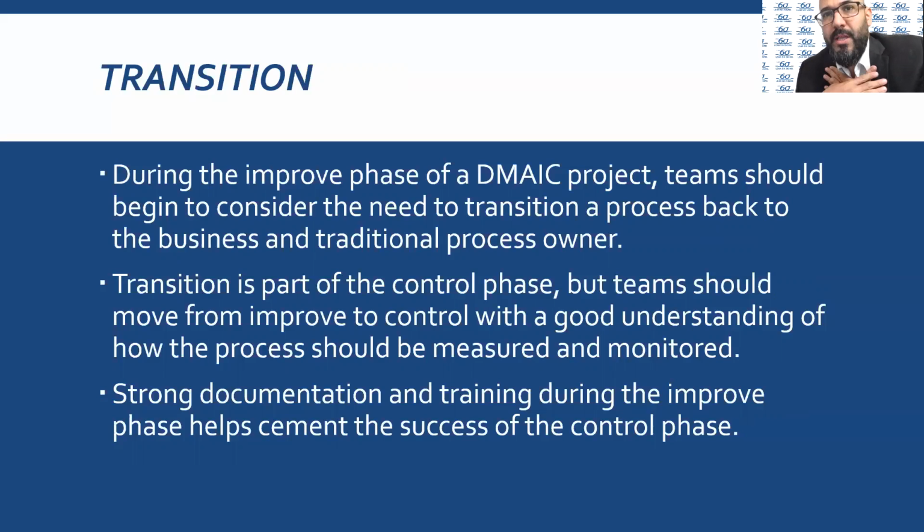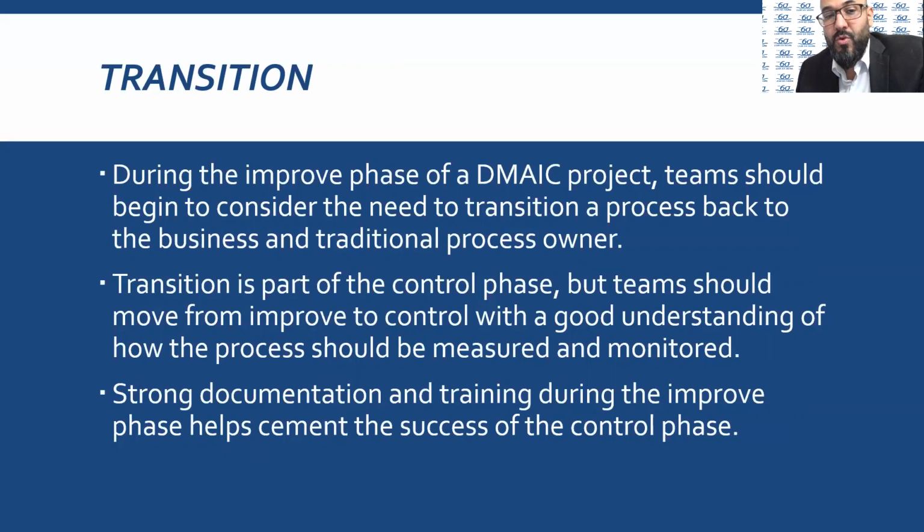So now we've done the improvement, we've implemented everything, we documented everything, we provided training. Now how could we move the process to the owner of that process? Transition is part of the control phase.